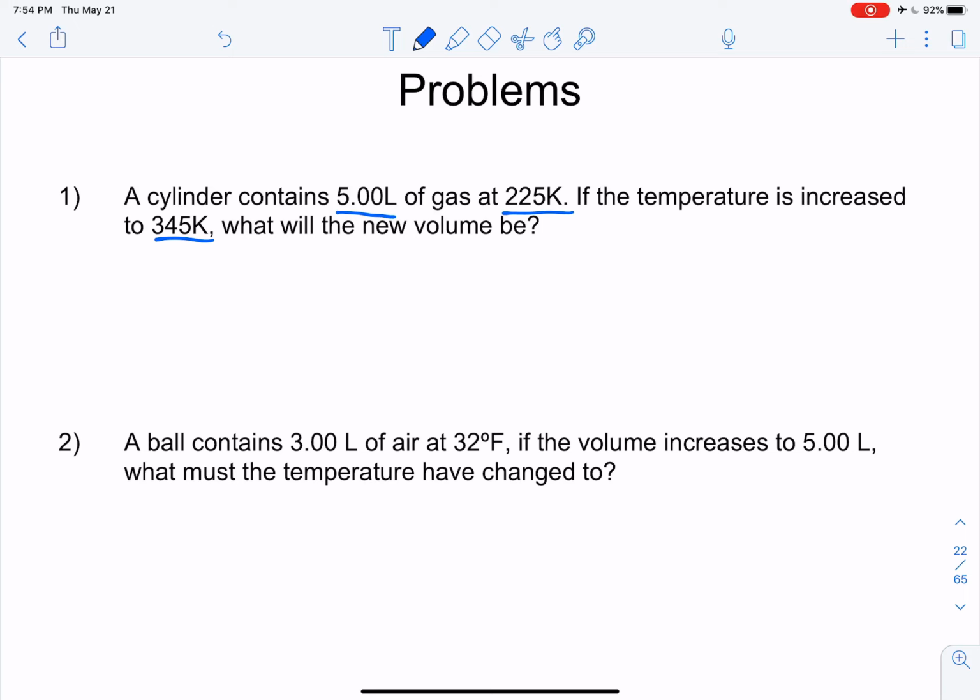Now, if we are looking at identifying which equation we need to use, so say we didn't know we were in the Charles law section and we didn't know what the equation was, what we would say is, okay, I've got 5 liters here, so that's a volume, and I've got 225 Kelvin, that's a temperature. And then I'm going to increase the temperature to 345 Kelvin. So that's another temperature.